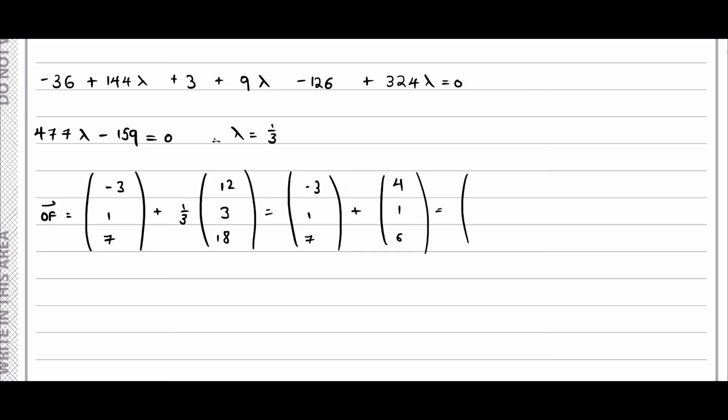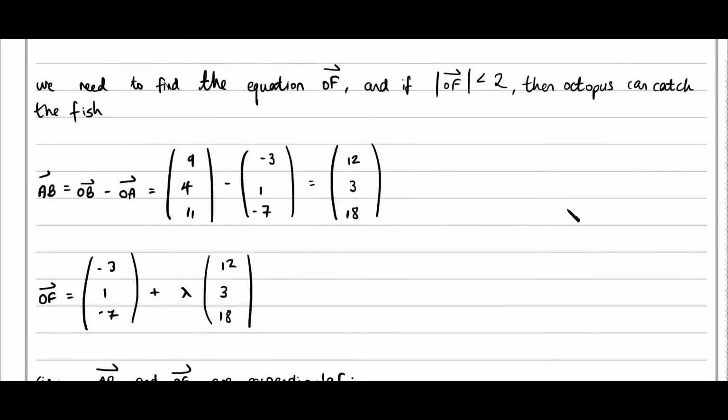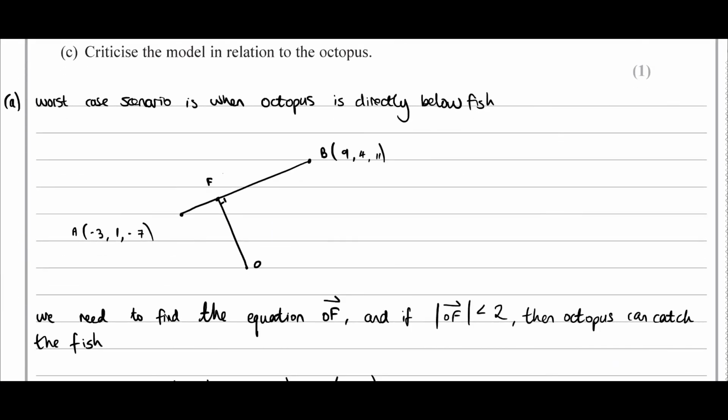So we have -3 plus 4, which is 1, 1 plus 1, which is 2, and -7 plus 6, that would be -1. So therefore, F has coordinates 1, 2, -1.